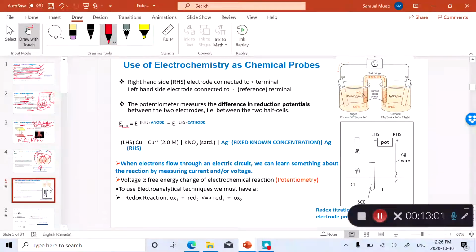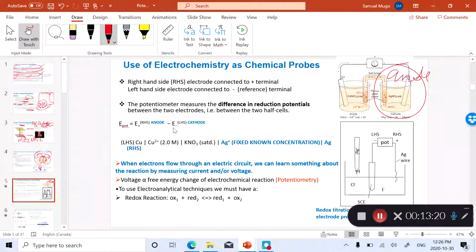So to measure the E of the cell, you take the half cell on the right hand side, which we call an anode. The half cell on the right hand side is called an anode.